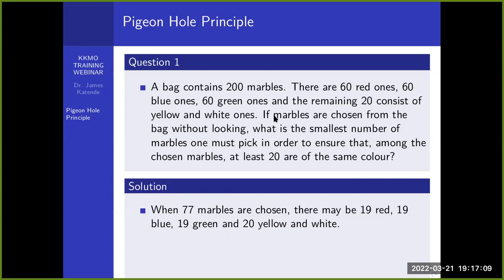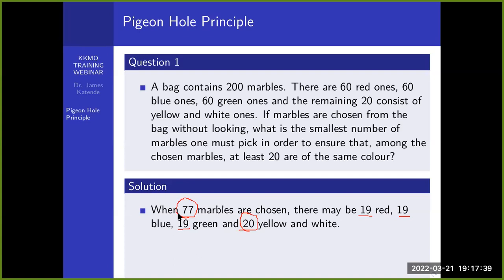This is the problem we have. Let's see in what way we can make sure that we come close to picking 20, but we don't pick 20. The first way is by getting 19 of red, 19 of blue, and 19 of green, and then you pick all the 20, yellow and white.